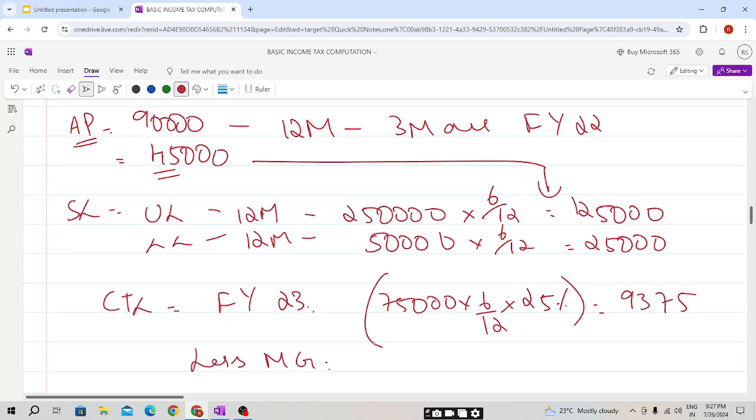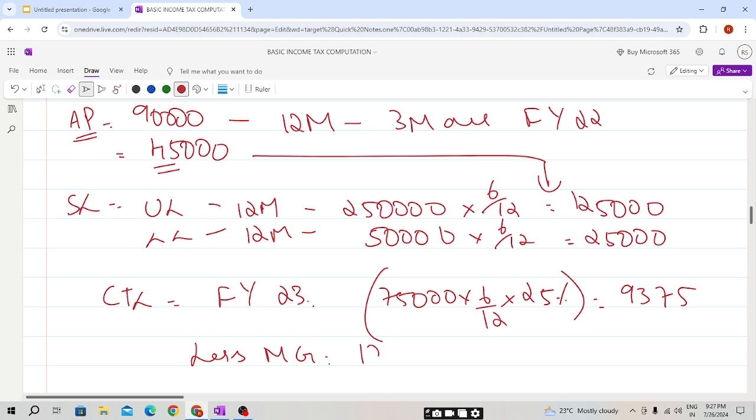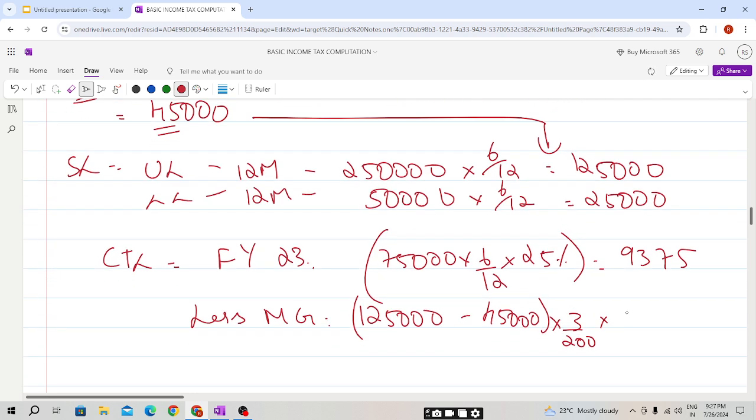The upper limit is 125, less the augmented profits, the augmented profits of 45,000, into 3 by 200, into the TTP of 75,000 divided by 2, which is 37,500, divided by the augmented profit of 45,000.